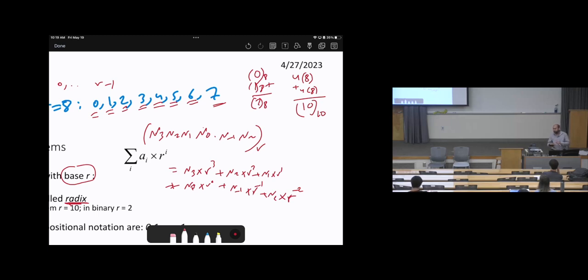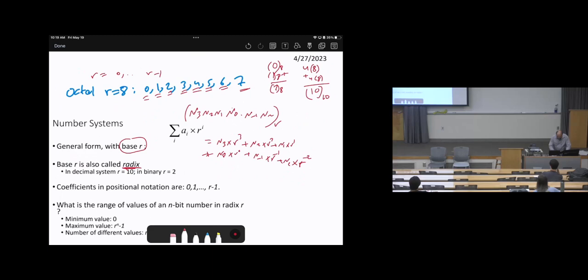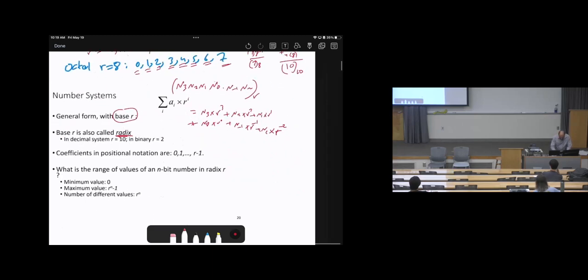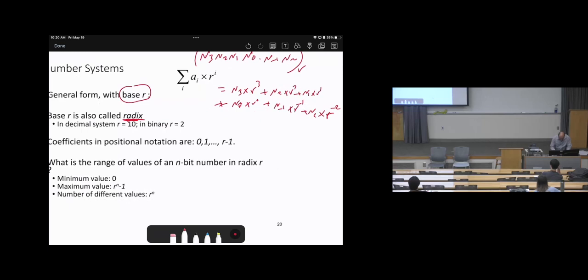After 17, 20, 21, up to 27, then 30, 37. After 37, you will go to 40, and so on. You cannot use any digit related to 8 and 9. This is how the octal system works. So in octal, what's the value of 10 in octal?